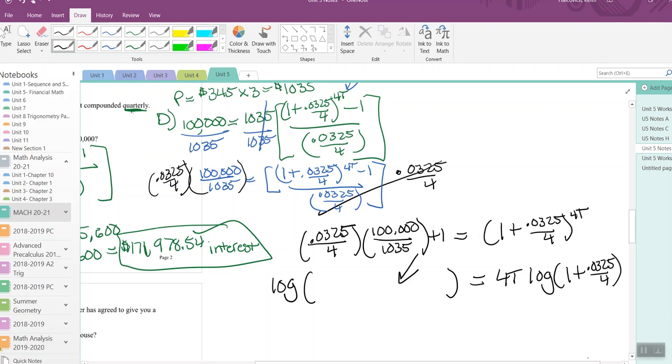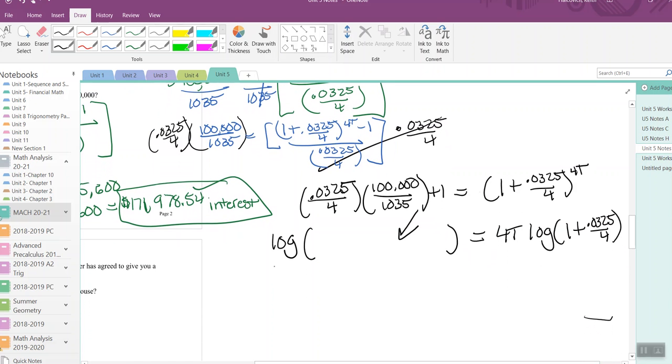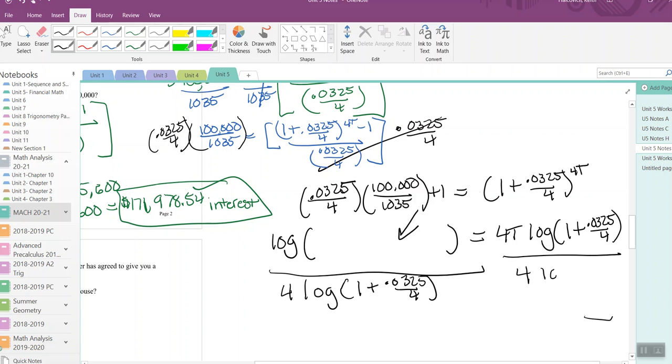And then you can divide. So you get 4 times log of 1 plus 0.0325 over 4, divided by that whole thing.